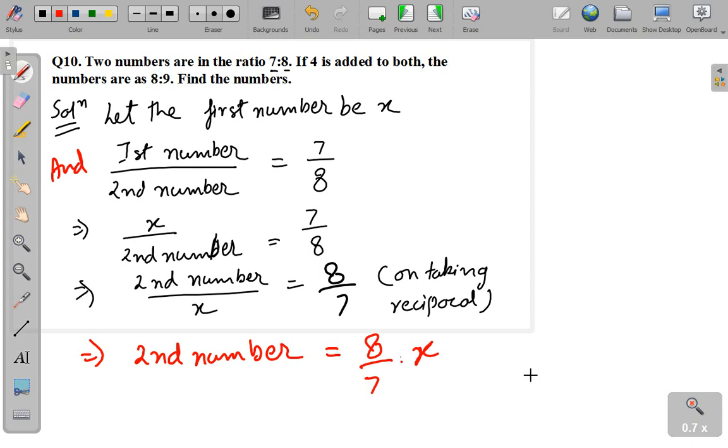In this manner we got two numbers. The first number was x, the second number was 8/7x, and if you find the ratio between them you will get 7/8. Now let us move on to the second part of the question. The question is: if 4 is added to both the numbers, the new ratio becomes 8 and 9.